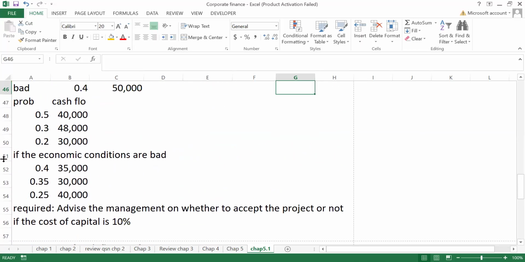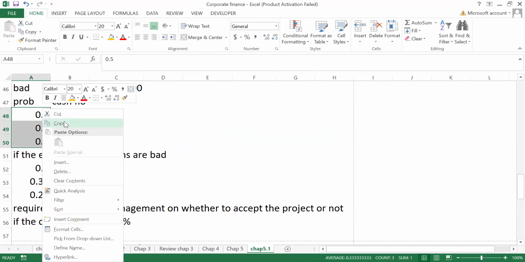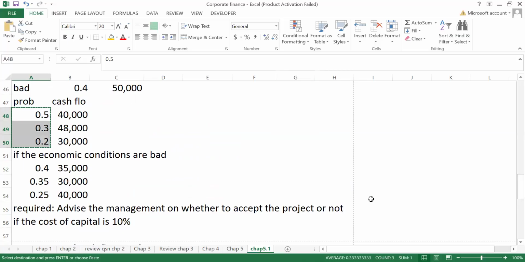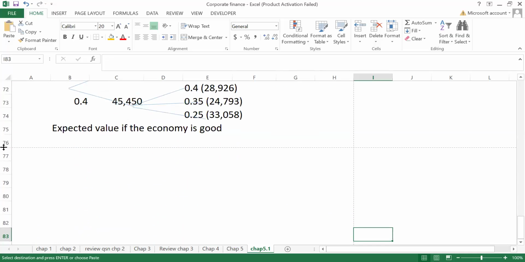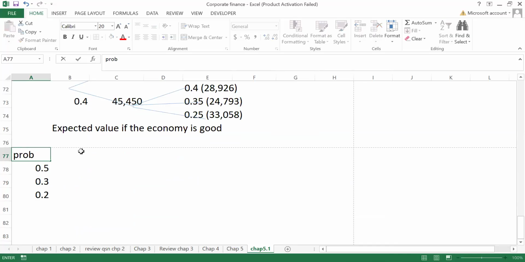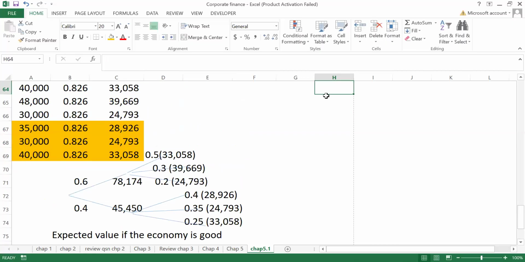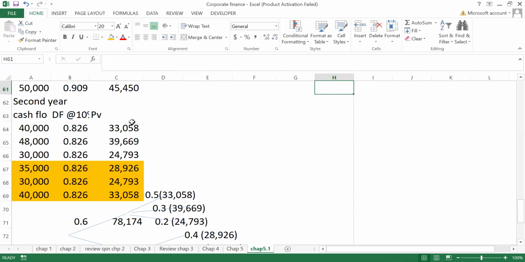If the economy is good, these are the probabilities and our cash flow. I copy these ones, which we have on our tree.